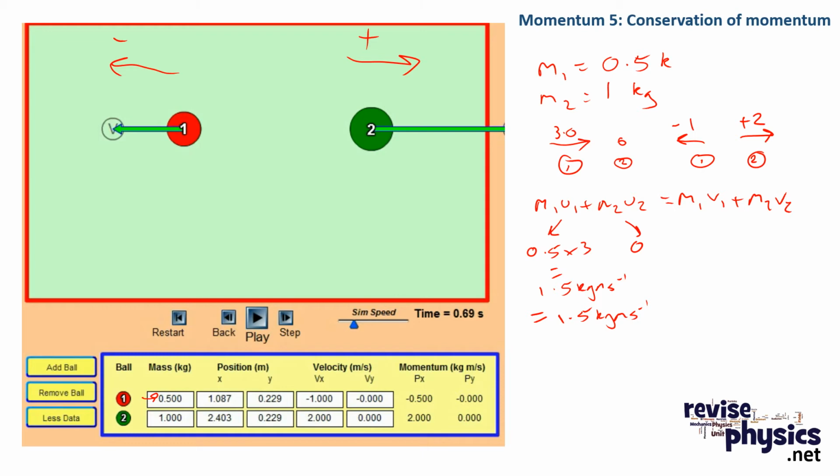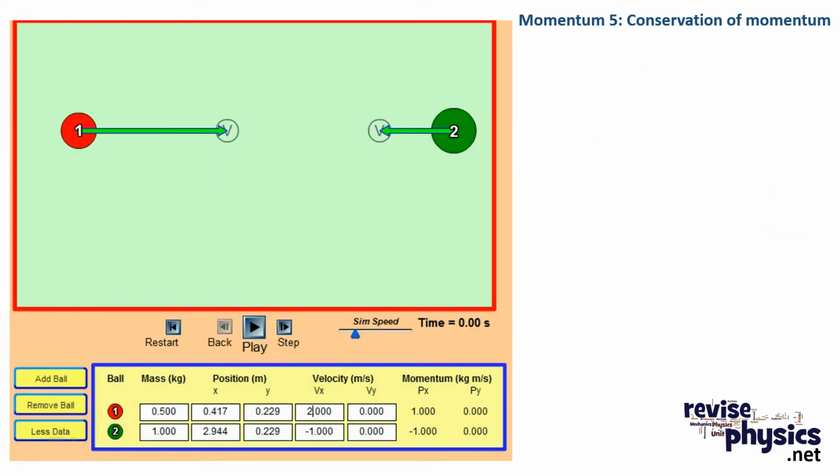On this side, m1v1 is 0.5 times minus 1, which is minus 0.5. m2v2 is 1 times plus 2, which equals 2. So we have a total of 2 minus 0.5, which equals 1.5 kilogram meters per second.